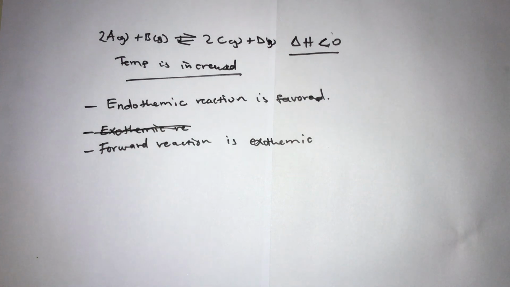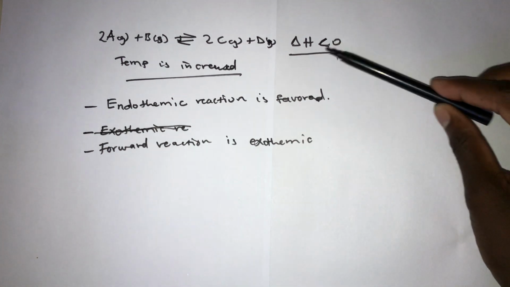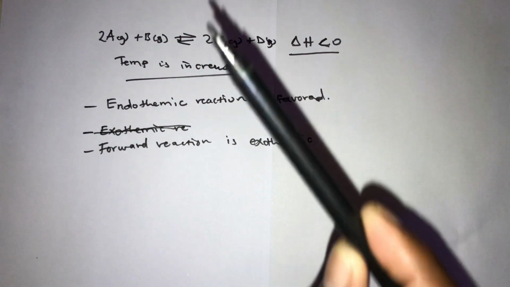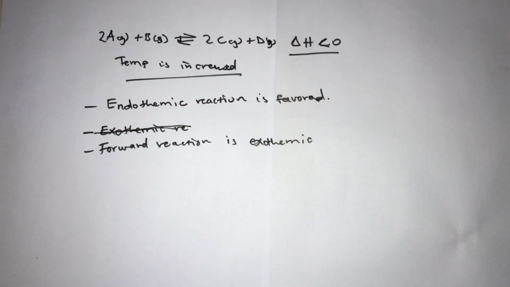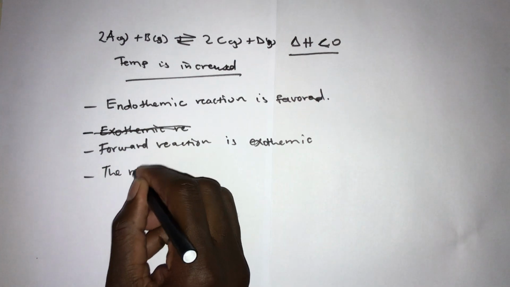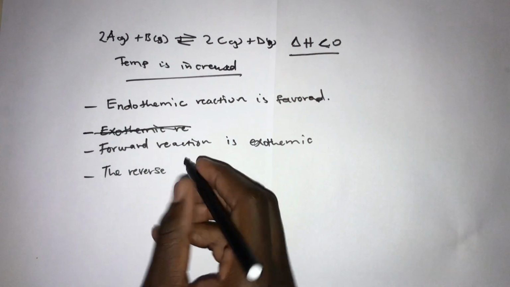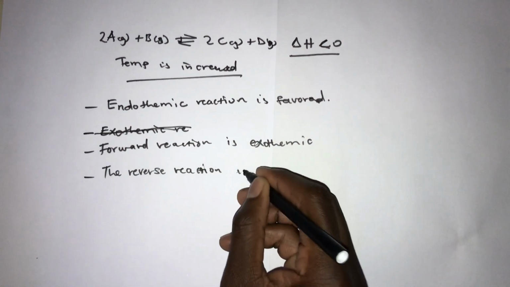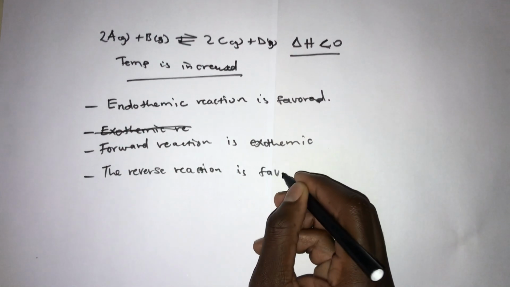Why is the forward reaction exothermic? Because the condition is given as less than 0. Since the forward reaction is exothermic, but we are increasing the temperature, the system is going to favor the reverse reaction. So now the reverse reaction is favored.